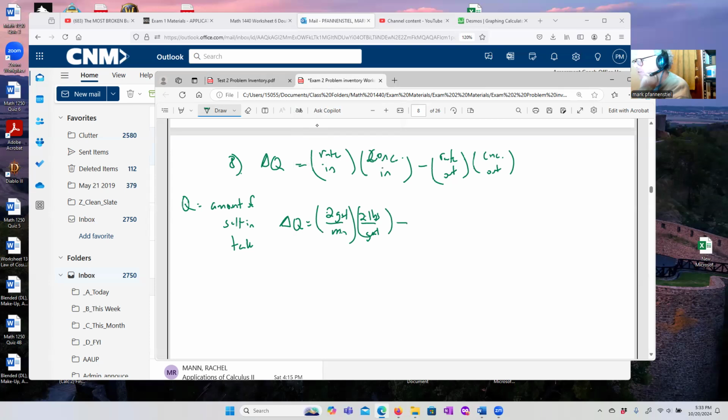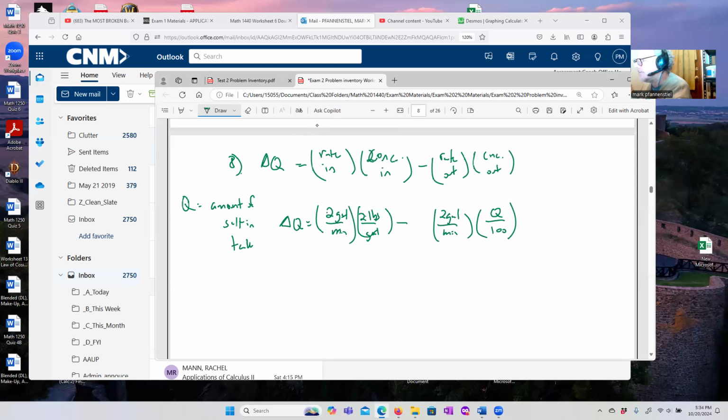Then we have to worry about the rate out. So we have 2 gallons per minute going out. And then we have to do the concentration. Well, here's the problem. We have some amount Q that is in the tank over 100, because that's how much started in the tank. But there's some stuff coming in, and we're going to be leaving some stuff going out.